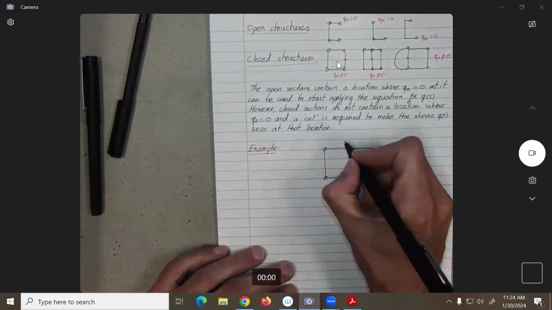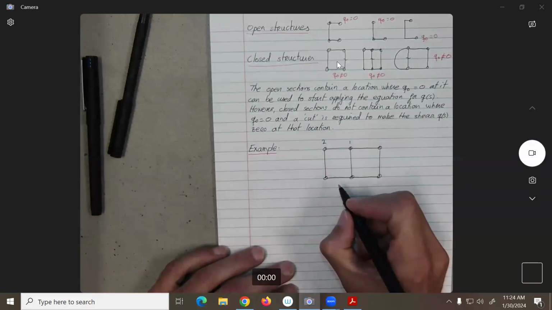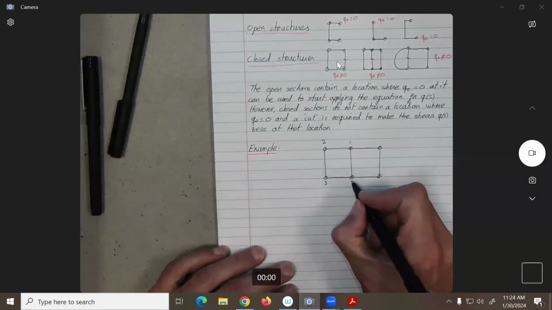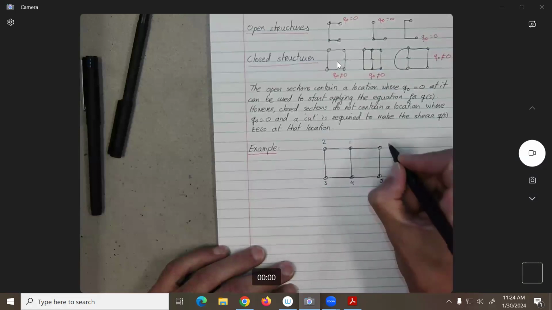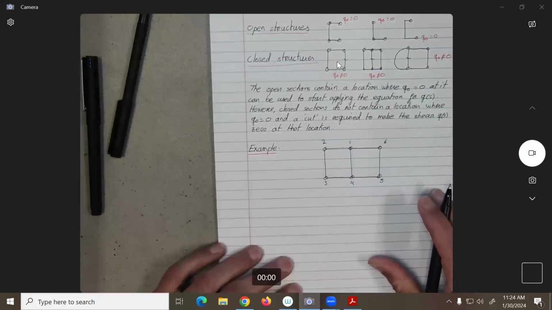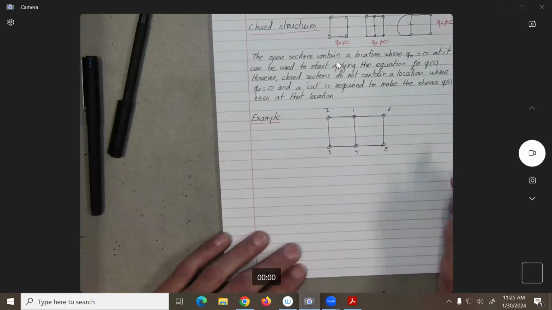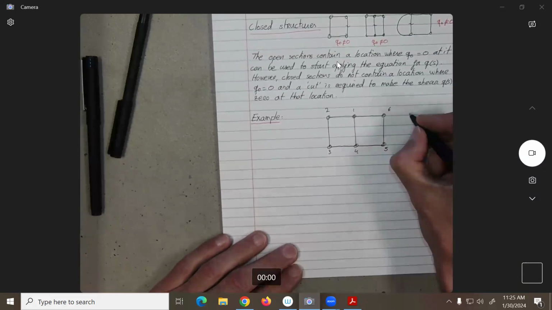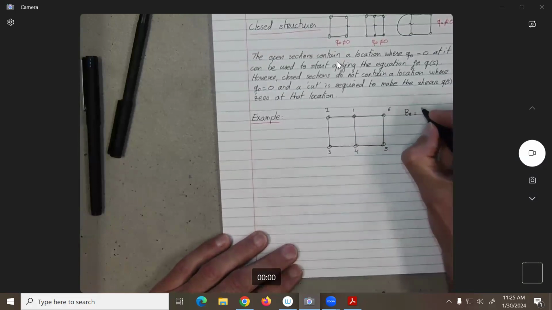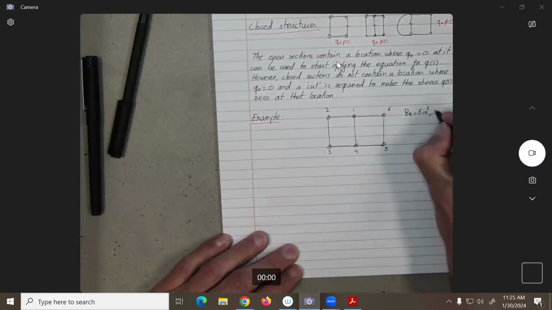So let's say it will be 1, 2, 3, 4, 5, 6. I'm going to call the boom areas B sub R, and all of them are 5-inch squares, where R equal 1, 2, 3, all the way up to 6.